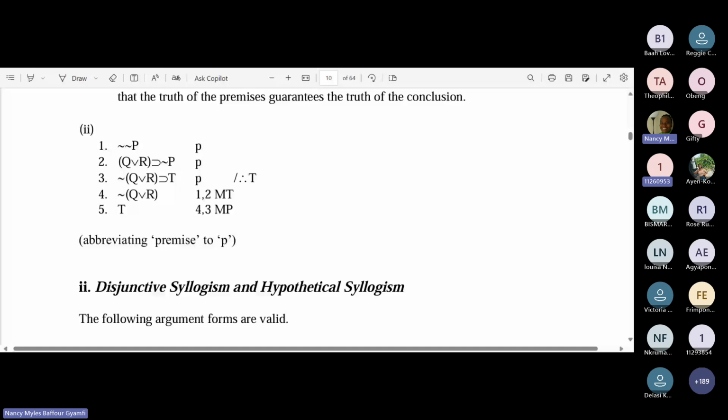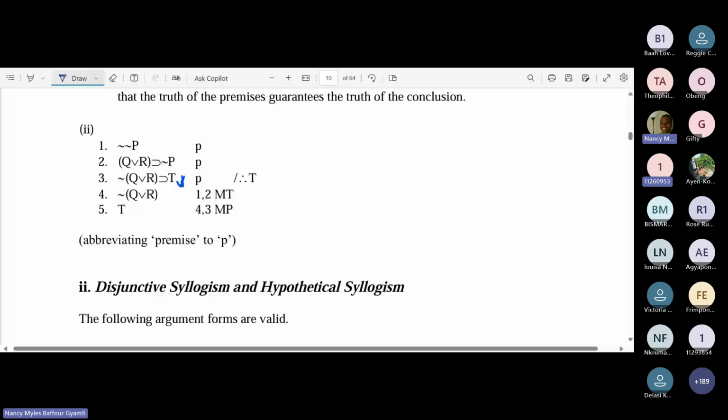So here we are trying to prove T. We work out the rules against the given, trying to pull out what we are looking for. There is a T on line 3. So if I have to do anything, I'll be looking at how to get rid of the antecedent, which is a negated disjunction.